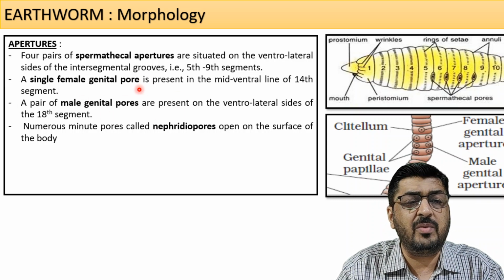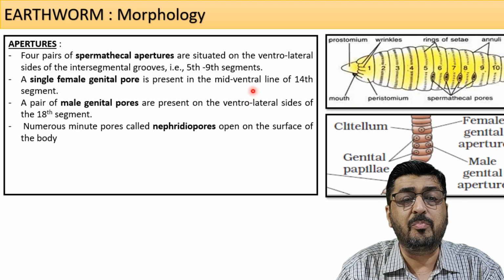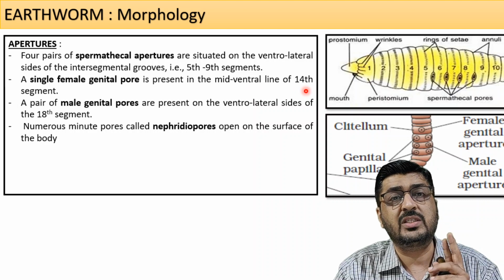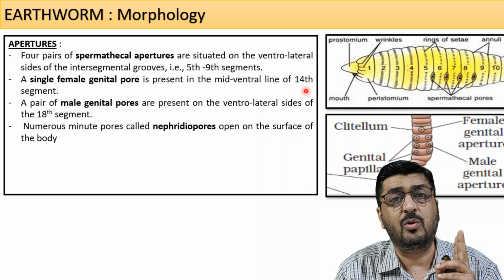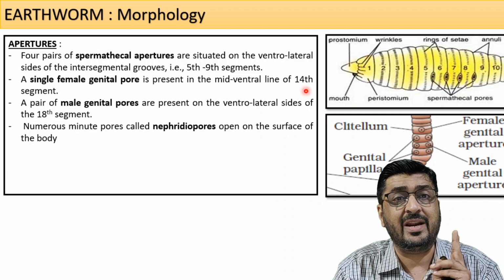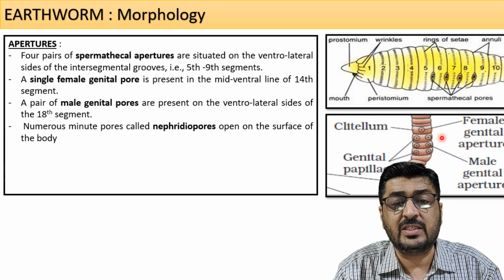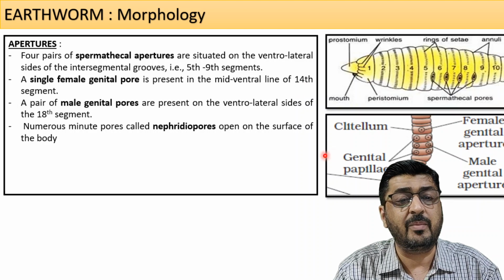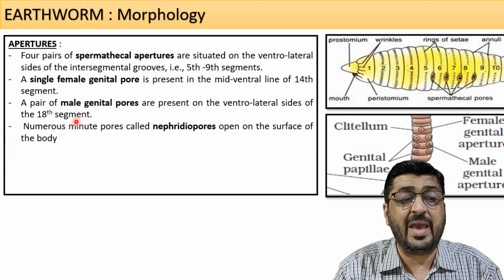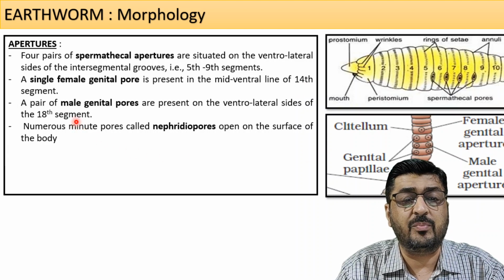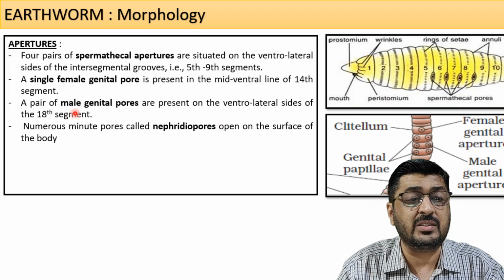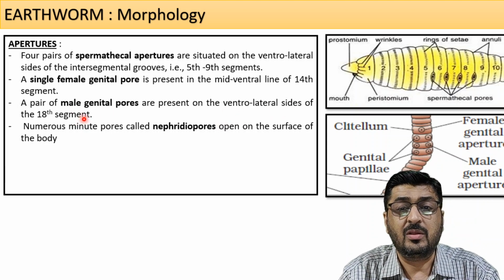A single female genital pore is present in the mid-ventral line. Both genital apertures, male and female, are on the ventral side. The female genital pore is in the 14th segment. Here, see, the 14th segment, and a pair of male genital pores on the ventrolateral side of the 18th segment.